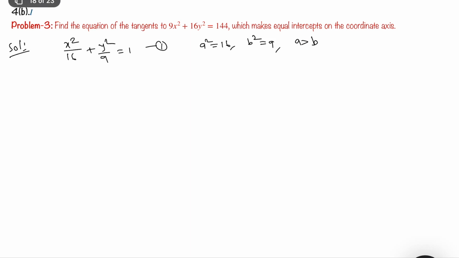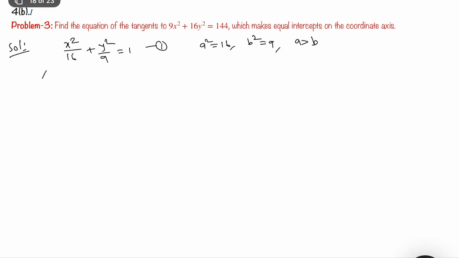We know that any tangent to the standard ellipse x²/a² + y²/b² = 1 will be in the form y = mx ± √(a²m² + b²).